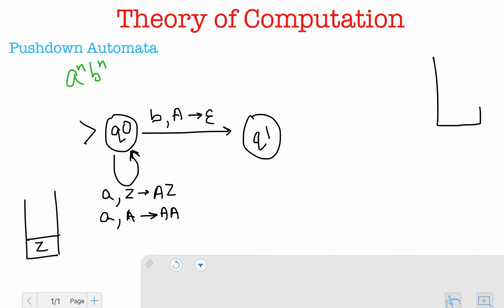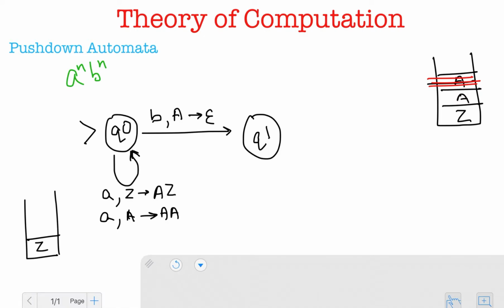What that means is, if I have, let's say, something like this, I have a Z, I have an A, I have another A, then this A on the top now becomes an epsilon. So effectively this just gets removed.